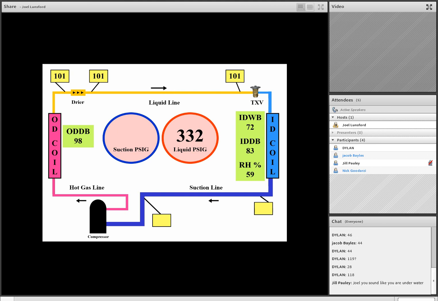103. Okay, so in this example at 332, the pressure temperature conversion was about 103. Is that correct? Somebody might have an open mic. I'm hearing some pretty strong feedback.